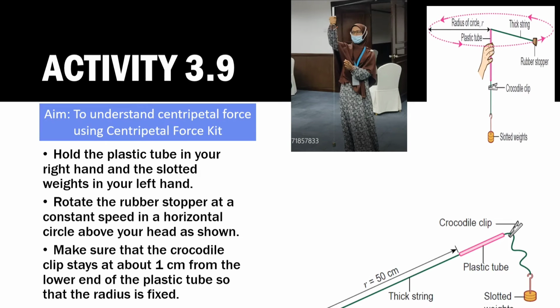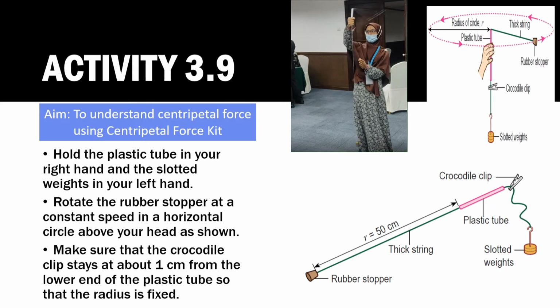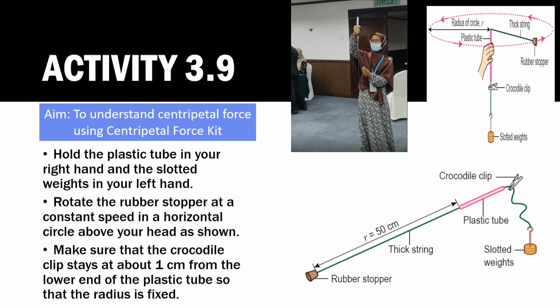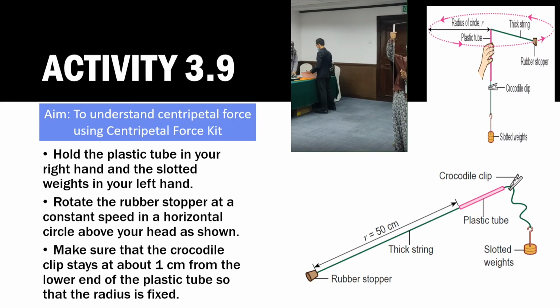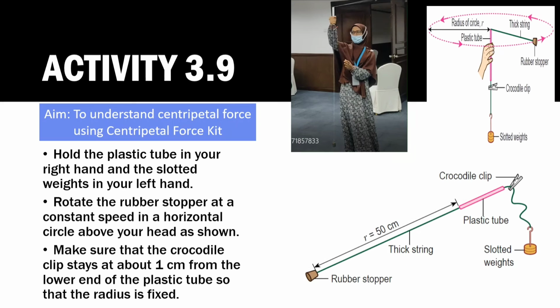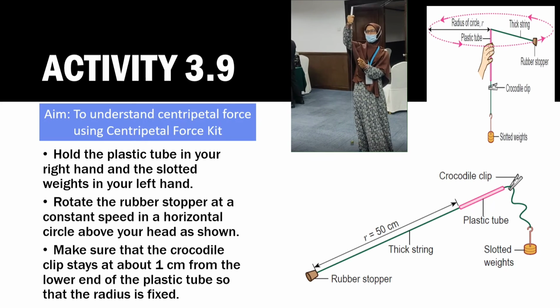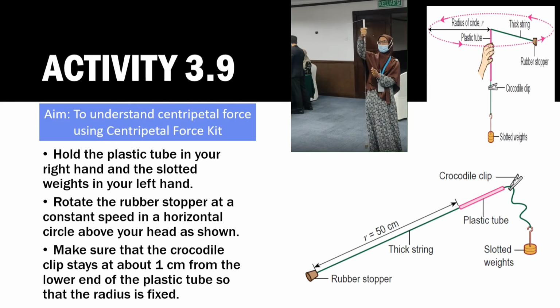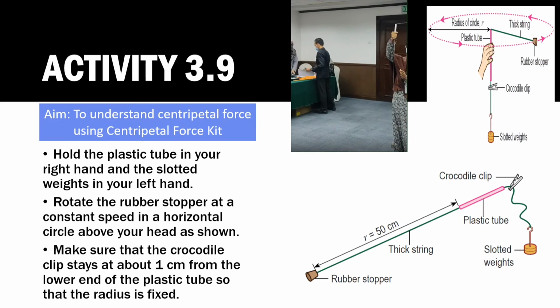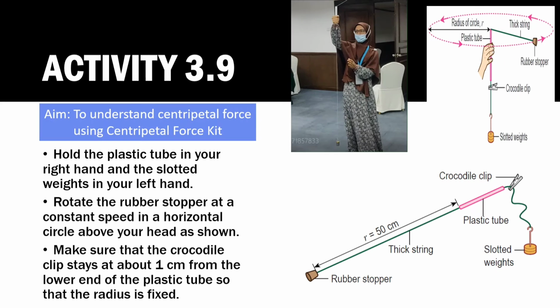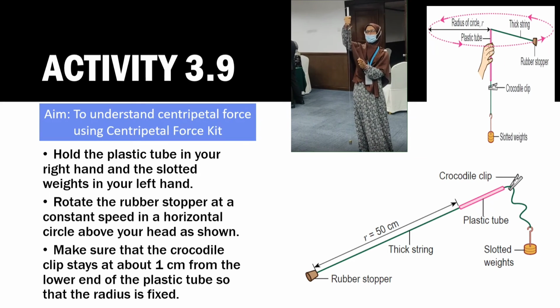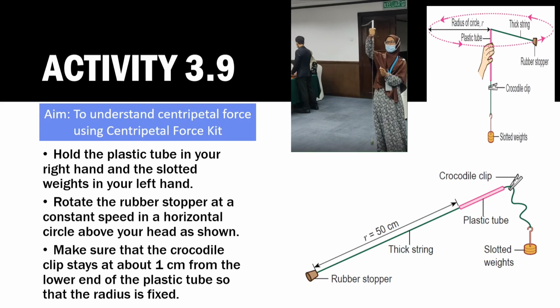Here is an activity to understand centripetal force using a centripetal force kit. When you carry out this experiment, you can refer to this video. You hold the plastic tube in your hand and rotate the rubber stopper at a constant speed, as shown.